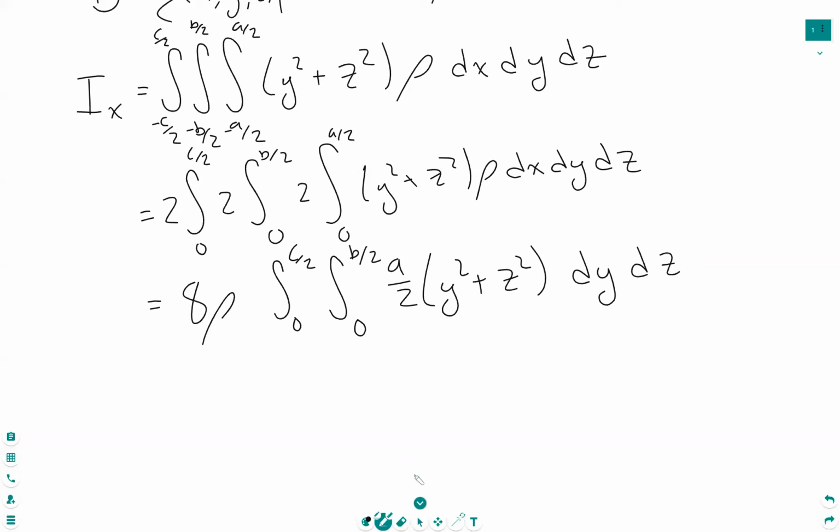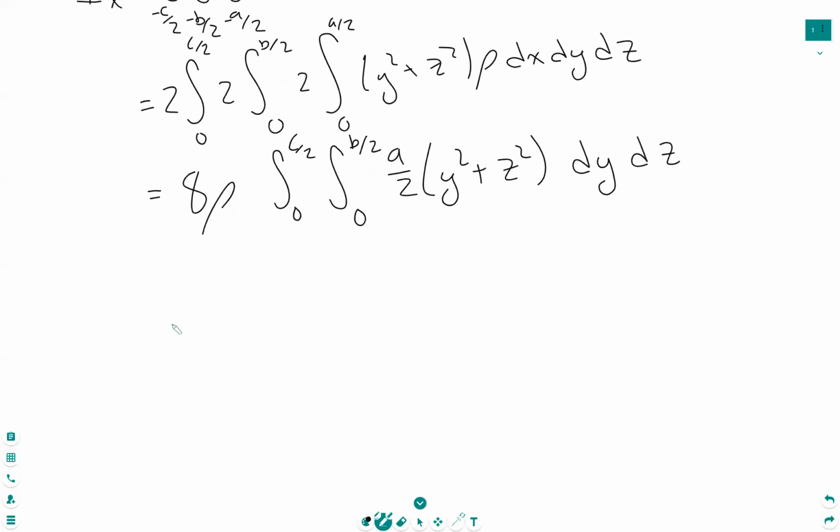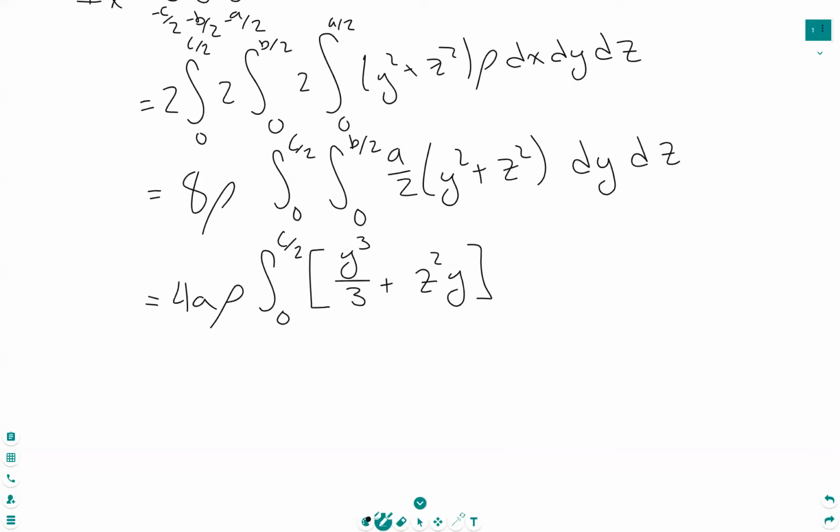So let's keep doing this double integral now. I can pull out this a over 2, and I get 4a times rho, the integral from 0 to c over 2, the quantity y cubed over 3 plus z squared times y, with y equals 0 and y equals b over 2, dz. 4a times rho, 0 to c over 2.